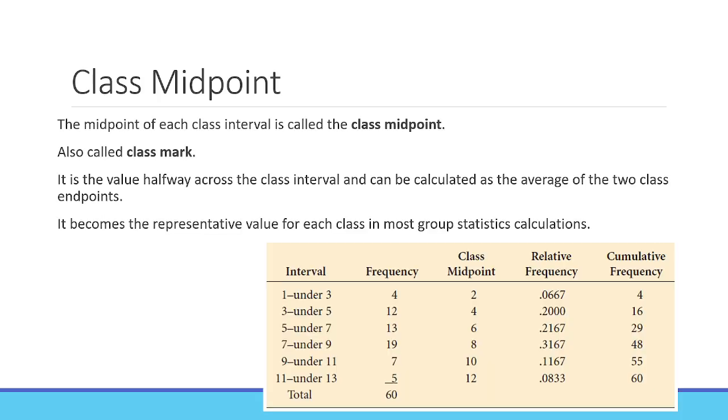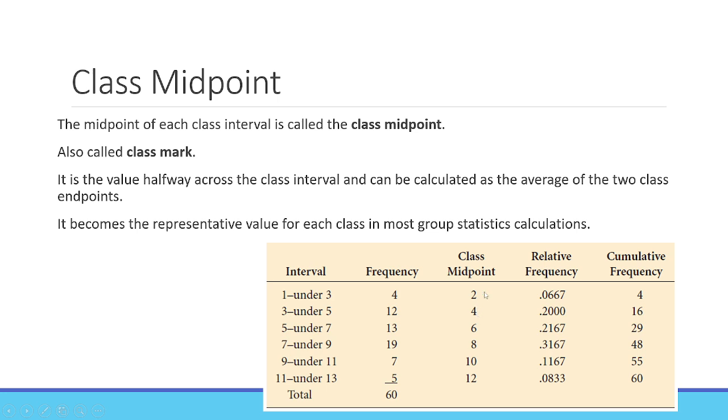Now what is class midpoint? For example, here the interval is 1 to 3. Now you add 1 plus 3 and divide it by 2. It becomes 2. 3 plus 5, 8, divided by 2, 4.